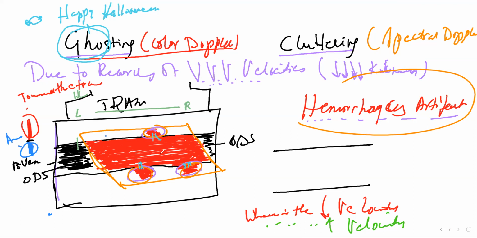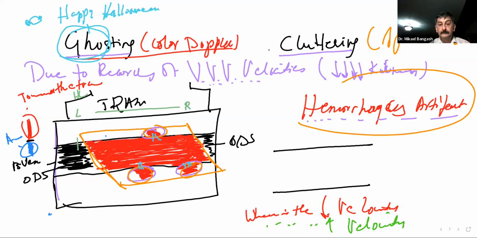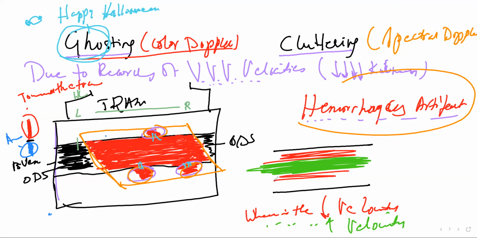The higher velocities will be towards the middle, and the lower velocities will be towards the walls. Exactly. Esther, where did you get that from? Chapter 18, when we talked about the flow.